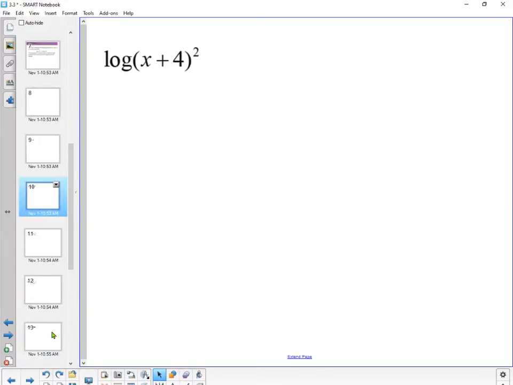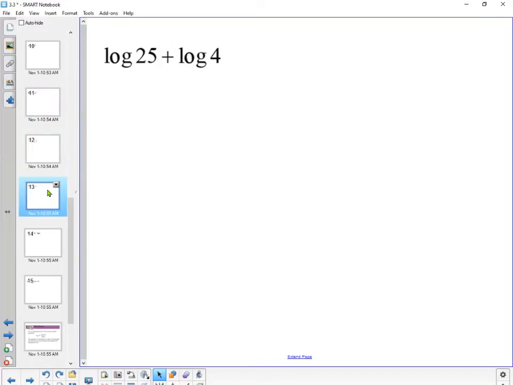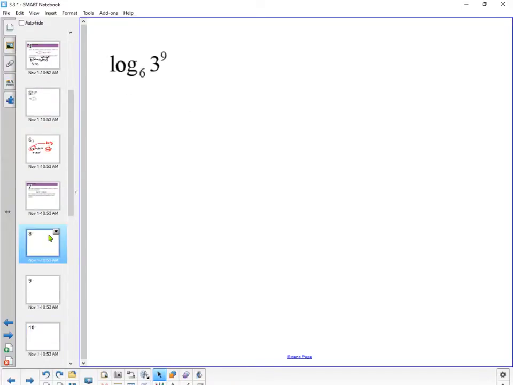We should practice these. Try this out real quick. Rewrite this in simplest form. Yeah. All right.